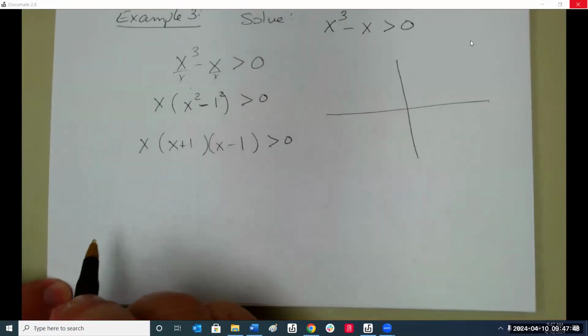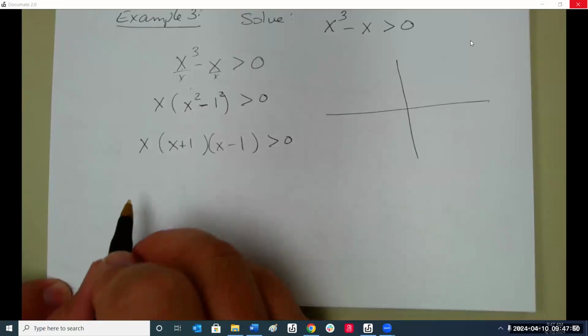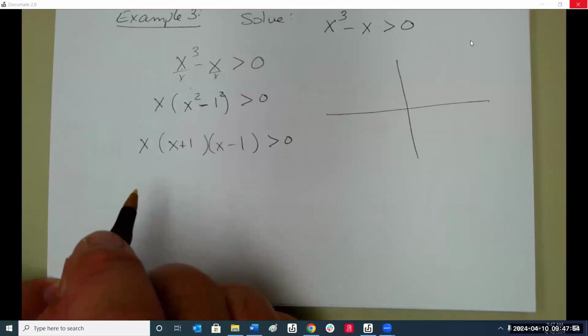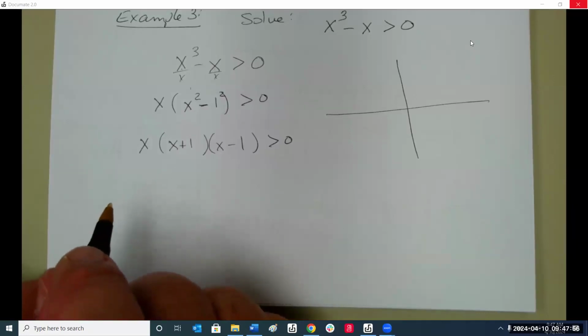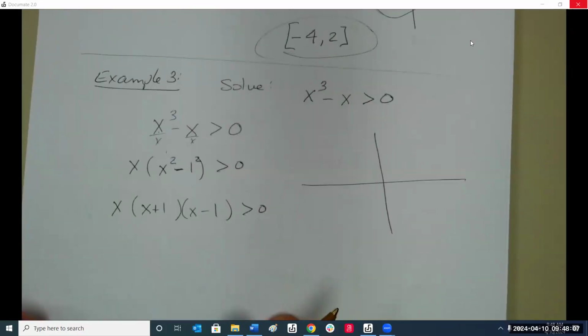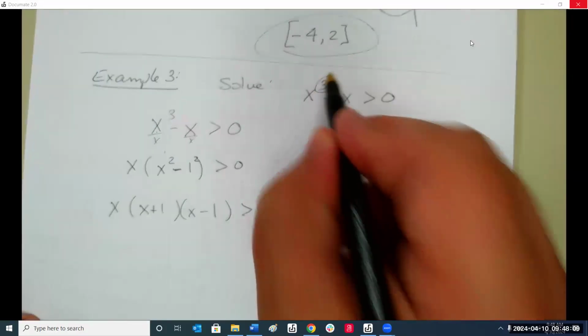So what are my x-intercepts? What's that? No. I want all of them. I want the complete answer. The x-intercepts, give me the x-intercepts. How many solutions are we supposed to have? 3.